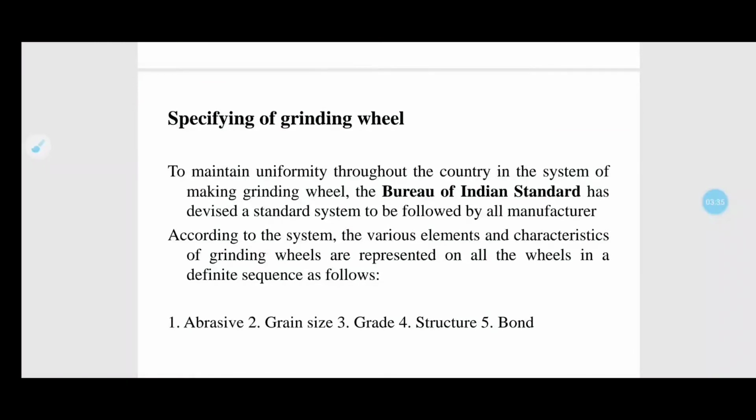Specifying of the grinding wheel. To maintain uniformity throughout the country in the system of marking grinding wheels, the Bureau of Indian Standards has devised a standard system to be followed by all manufacturers. According to the system, the various elements and characteristics of a grinding wheel are represented on all the wheels in a definite sequence as follows.